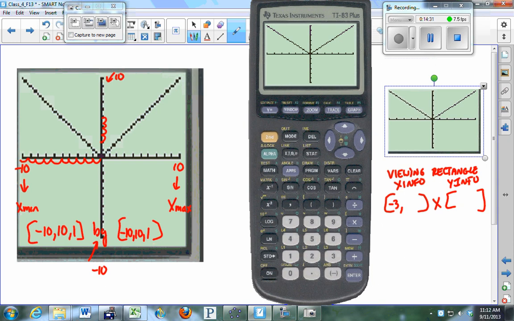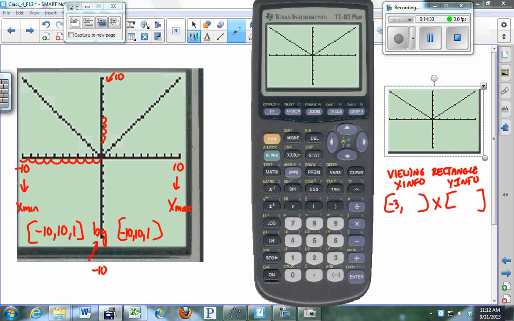Then my highest value was 3, and I incremented by a half, right? Okay, and then Y, same thing, -3, 3, 0.5. So this is called your viewing rectangle. Okay. Any questions on that and how to use your calculator for that?